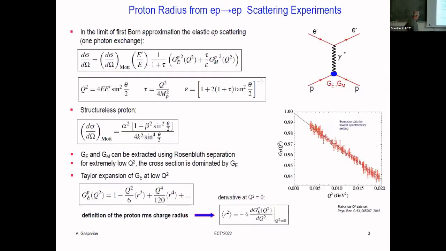In the same way, when we measure the outcome of events versus energy and angle of a scattered electron, we try to extract cross sections here. And those cross sections depend on two form factors, the electric and the magnetic form factor, right?